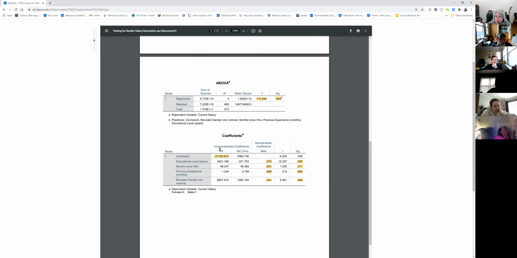This beta is always inflated over here, this B. The unstandardized coefficient is always inflated because it does not take into account sample size or the standard error. Okay, so we don't report the unstandardized beta or the standard error. What we report is the standard coefficient beta for educational level.